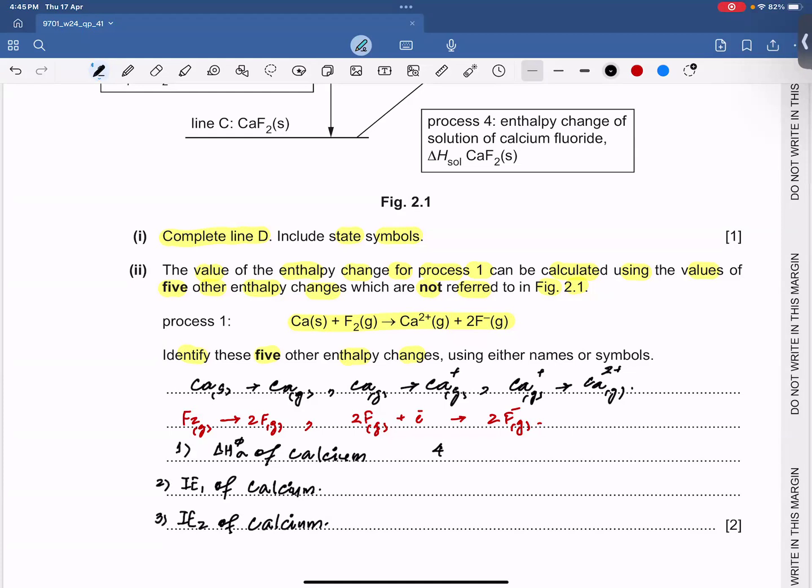Now the fourth stage is atomization of fluorine, and the fifth stage is first electron affinity of fluorine.